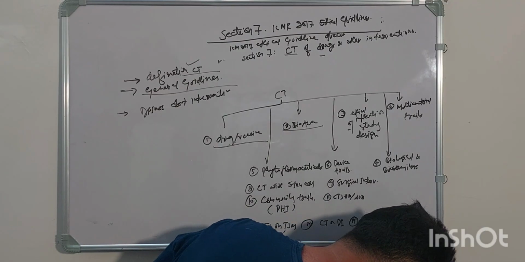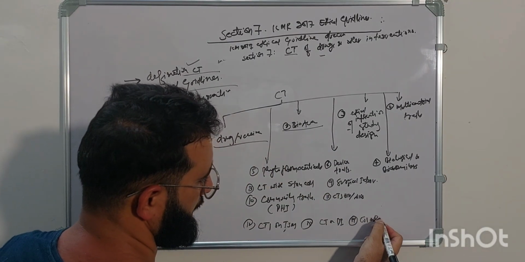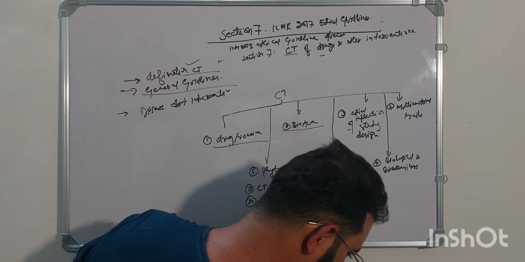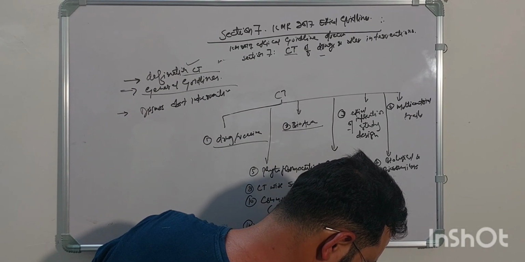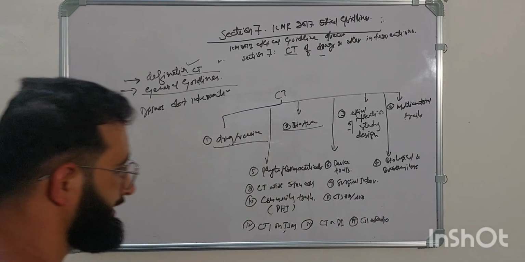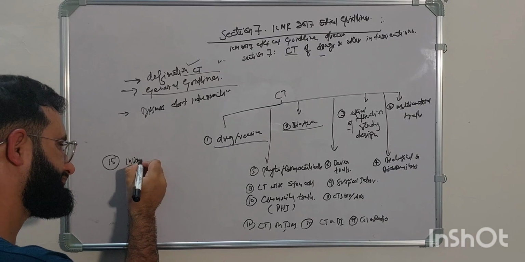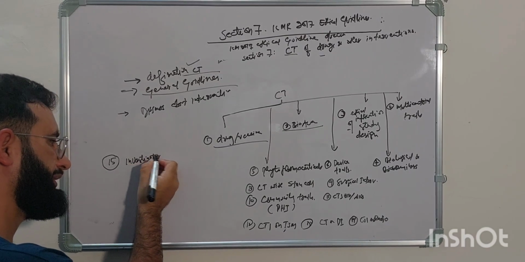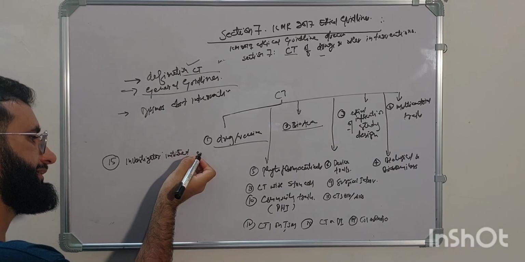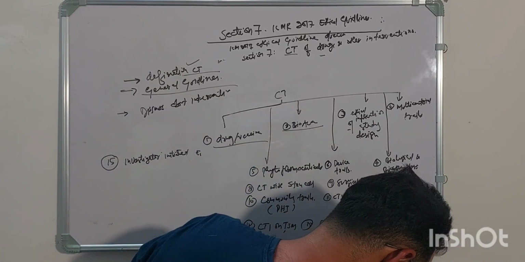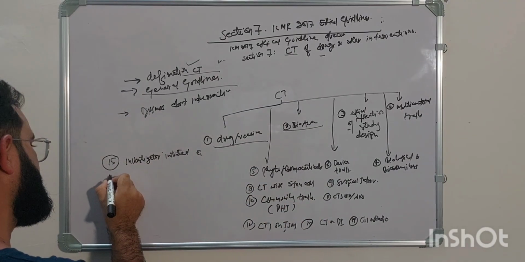14th, that's radioactive materials, clinical trial interventions on radioactive materials like X-ray. Then 15th, investigator initiated clinical trials. Clinical trials on contraceptives, 16th.